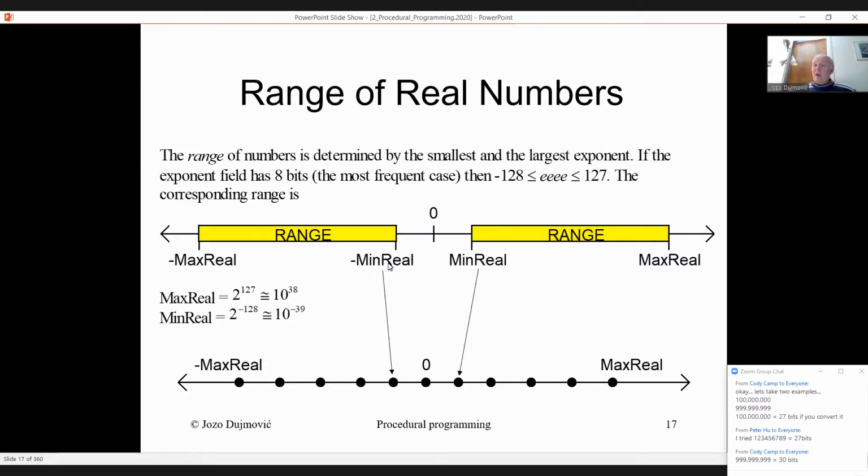And we also have this gap between the minimum negative value and the minimum positive value. So here is the gap. This is the range of real numbers, and 0 is, of course, right in the middle. Is this clear, or any questions related to this?